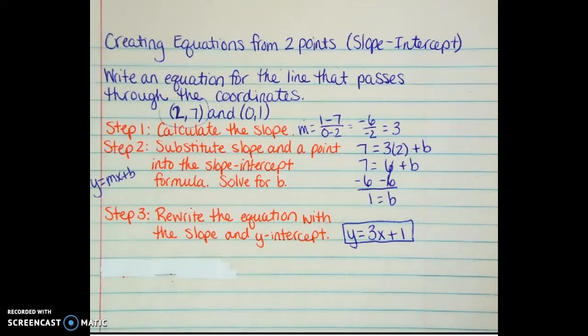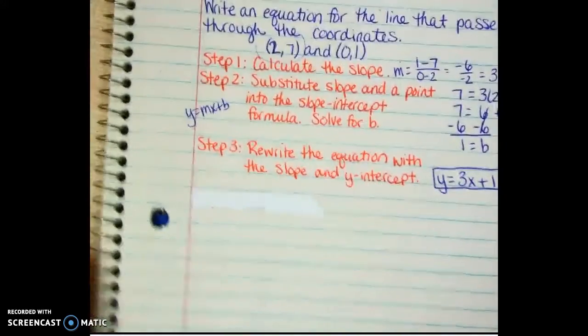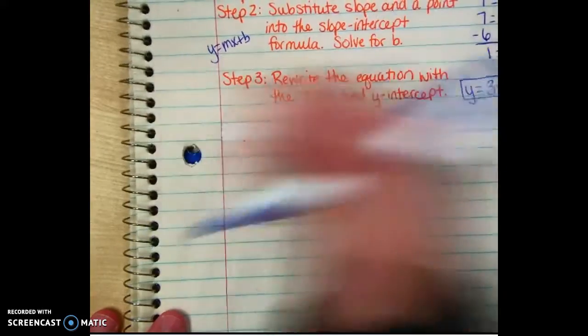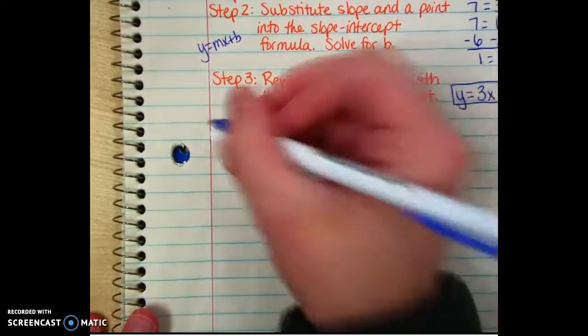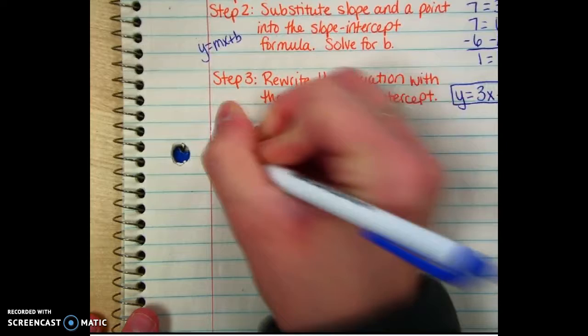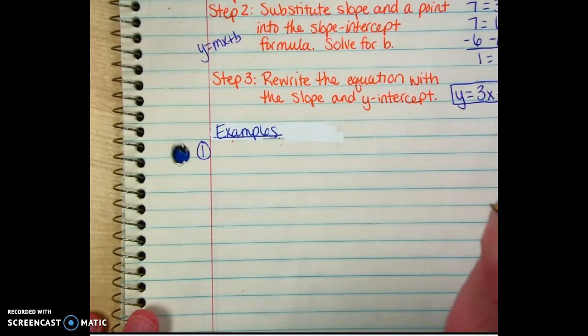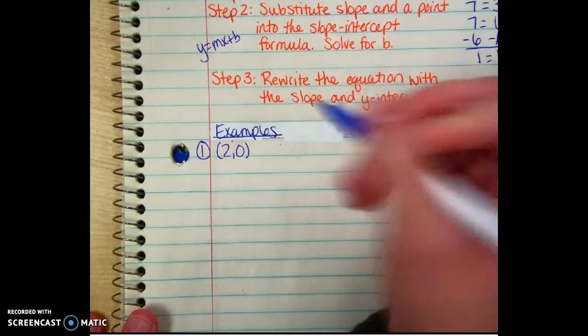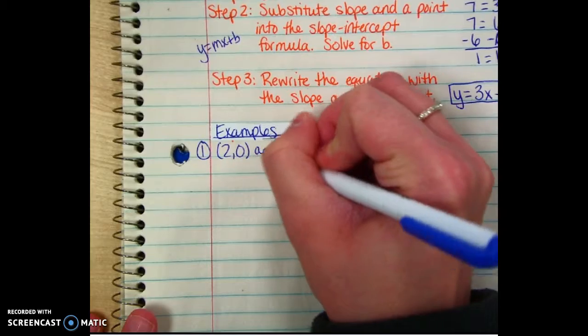Okay, let's do another one. So that was just going through the steps. Now we're actually doing some examples. So number 1, let's do the point 2, 0, and another point, let's do 0, 3.